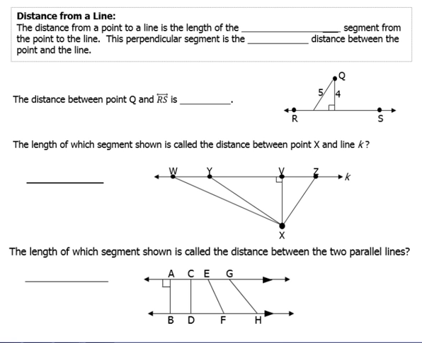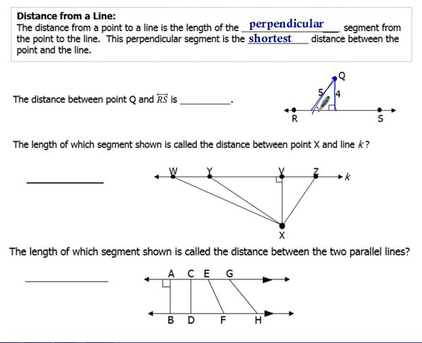The distance from a line. The distance from a point to a line is the length of the perpendicular segment from the point to the line. The perpendicular segment is the shortest distance between the point and the line. If you look at this first problem, it says the distance between Q and RS is, well, here's point Q and here's line RS, and we have two segments being drawn to RS.